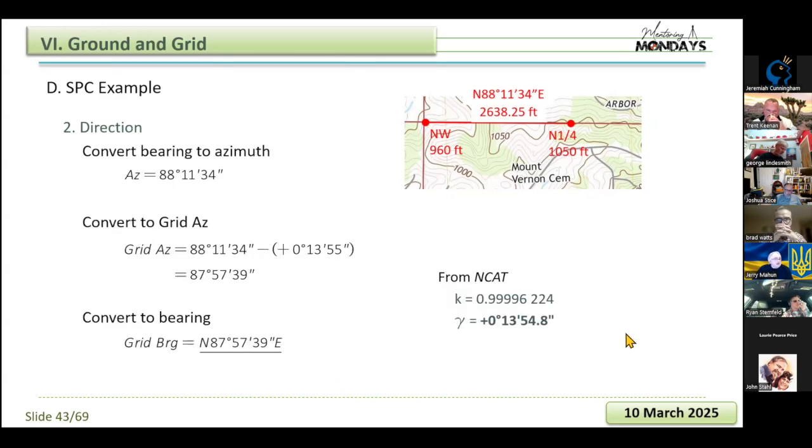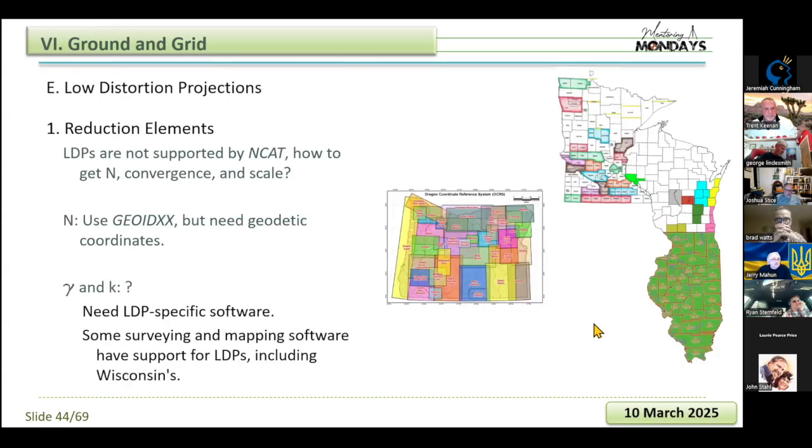All right, let's see, what was I at? Low distortion projections. Oh yeah, here's a picture of the ones in Oregon. You can see all these overlapping systems. They don't just butt up based on jurisdictional type. They design them based on major geographic or major elevation areas. You have a big long narrow one in the coastal area because that's the lower area, but up in the mountains you have different little ones, and you can see they're overlapping.